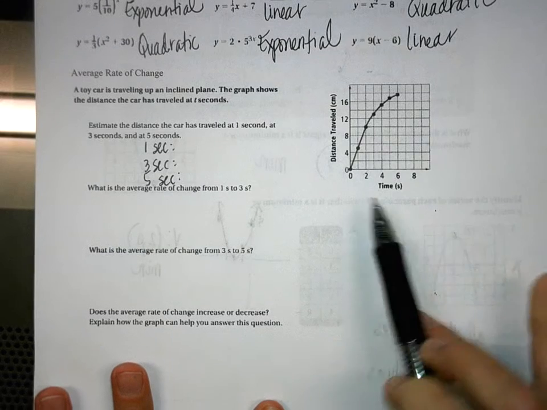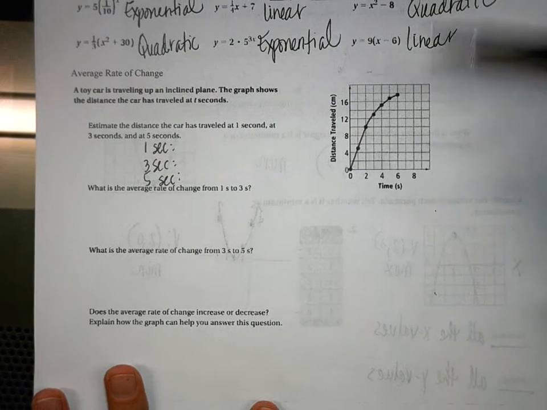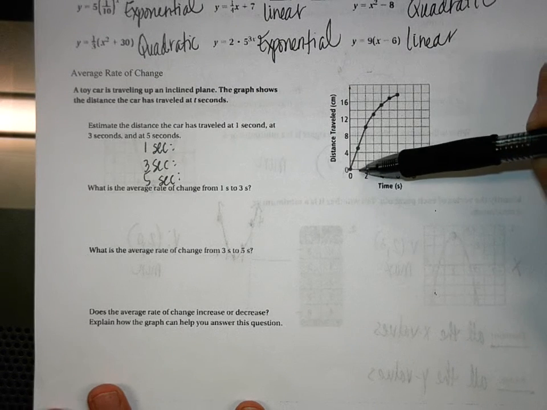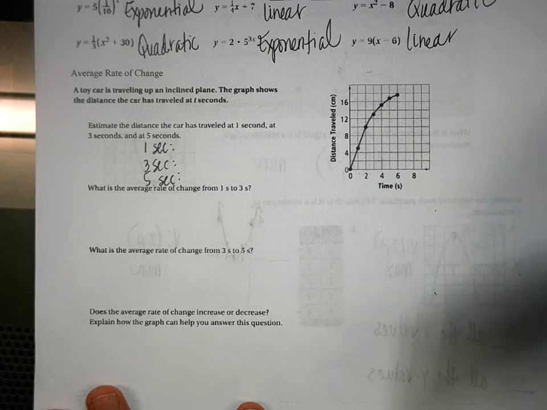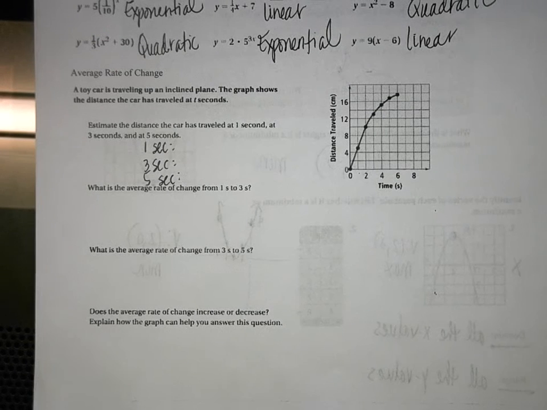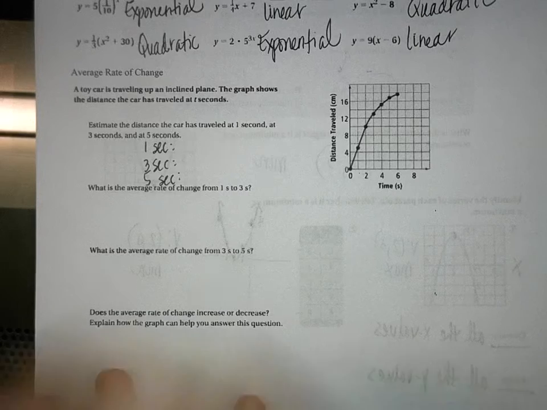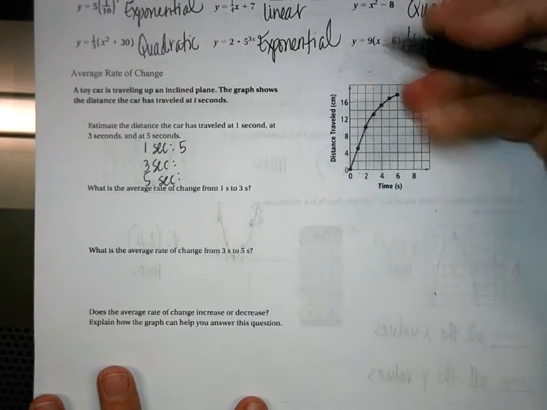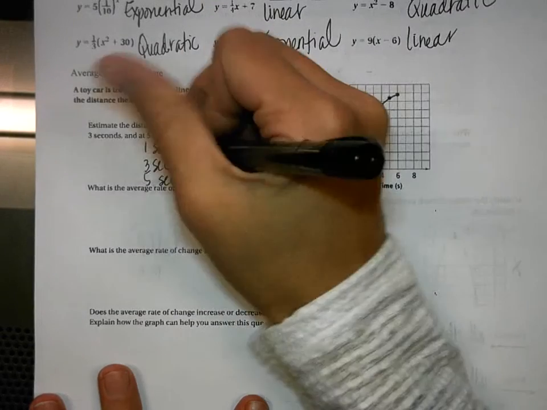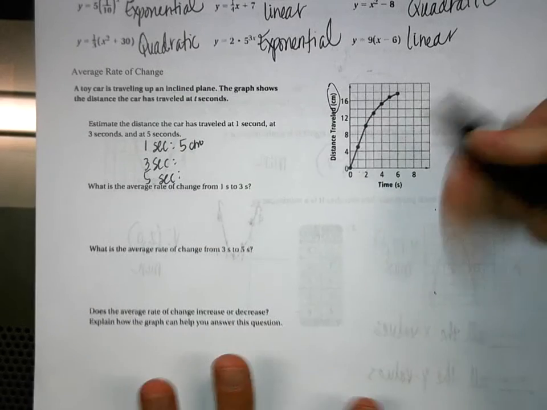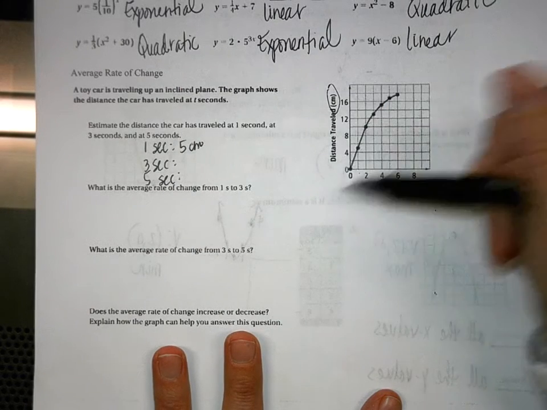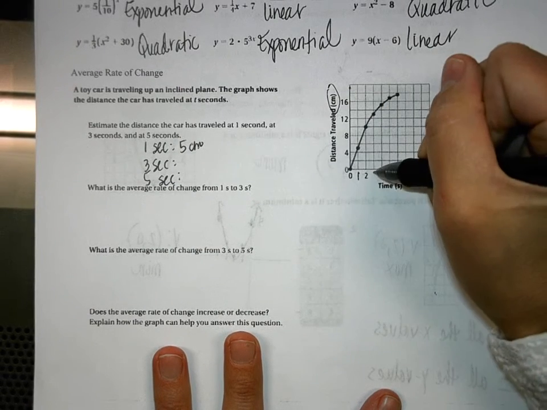So notice here's time. At 1 second, how far has the car gone? 5 is correct. And it's 5 what? Centimeters. Make sure you're using your units. So you need to pay attention. Along this line, it's going like 1, 2, 3, 4, right?